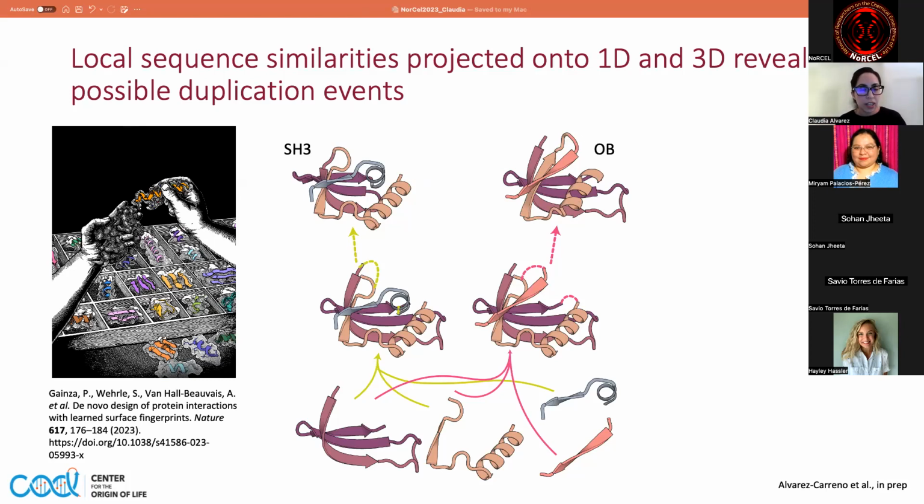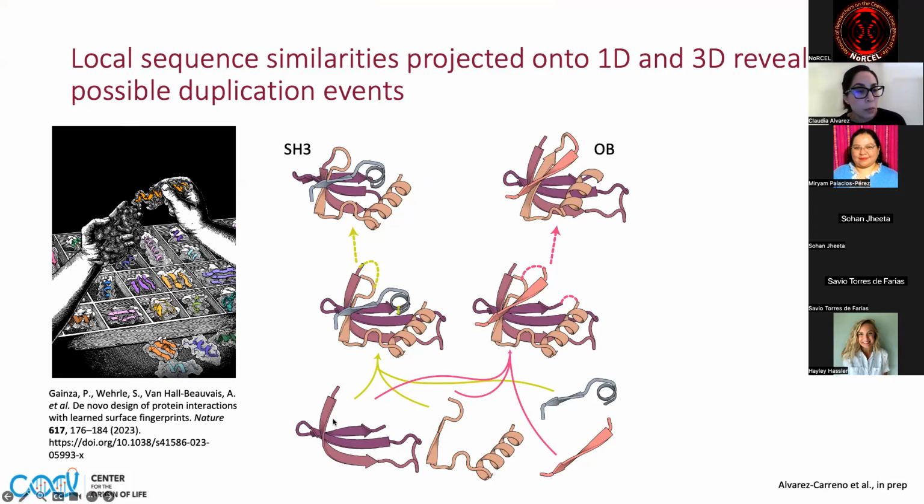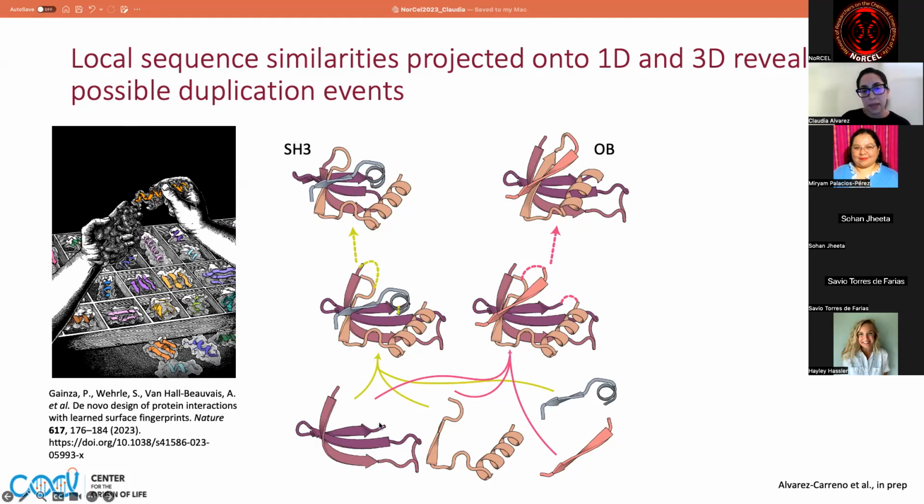So if we had a collection of pieces to make proteins from, we would say, well, let's just take this beta sheet and then this funny looking element and just 1 strand, and with that we can form an OB.